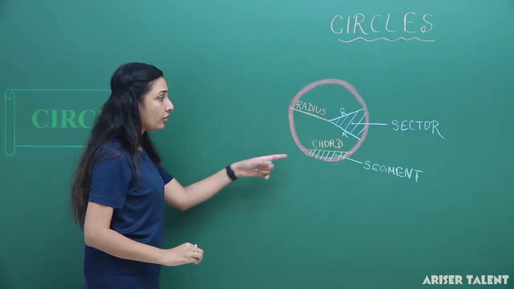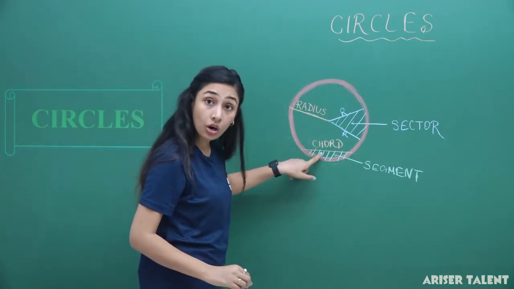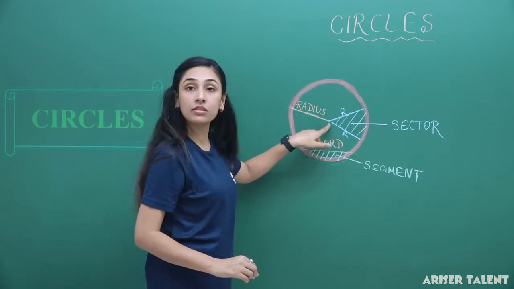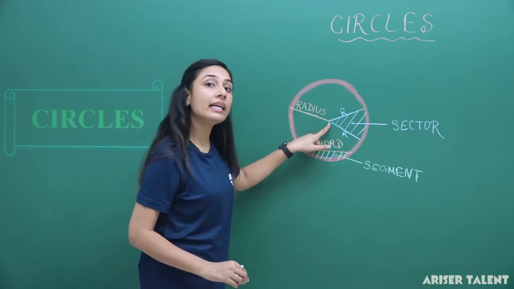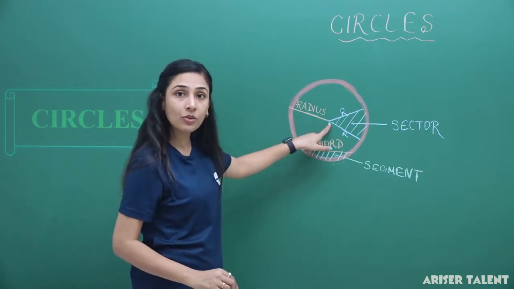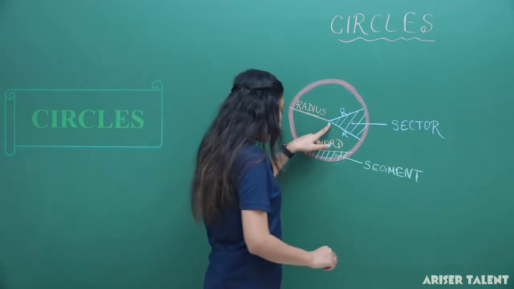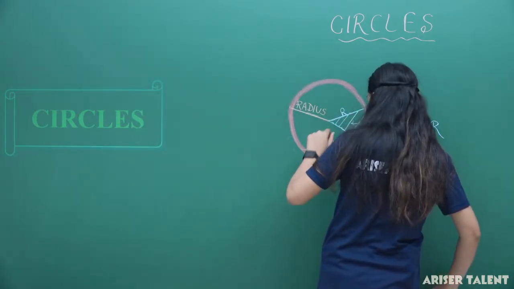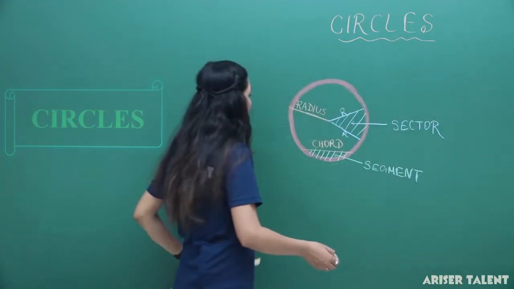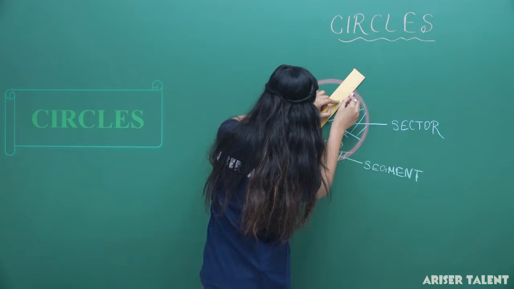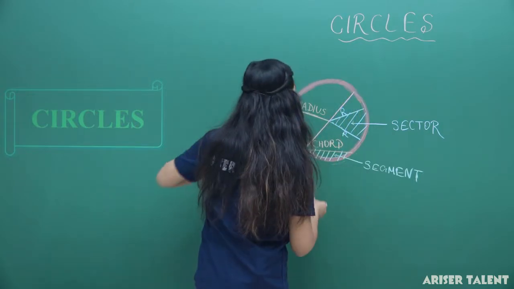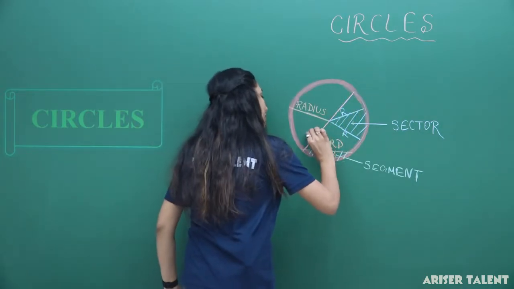And we also know that if we have a chord that is passing through the center, then that will be the largest chord, and that largest chord will be known as the diameter. Here the longest chord is the diameter.